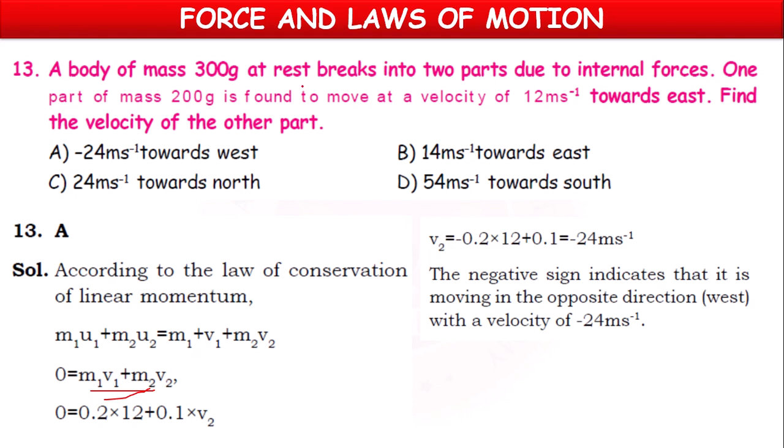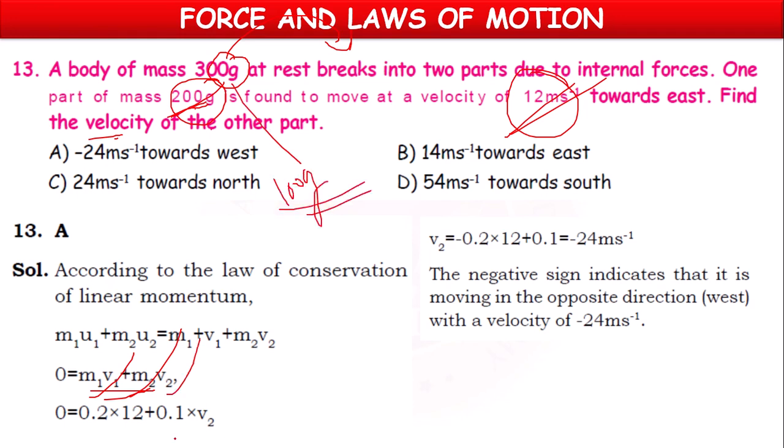After breaking into two parts, one part mass is 200 grams, which is nothing but 0.2 kg, and velocity is 12 meters per second. The other part mass will be 100 grams, because out of 300 grams, 200 grams is one part, so the other part will be 100 grams or 0.1 kg.